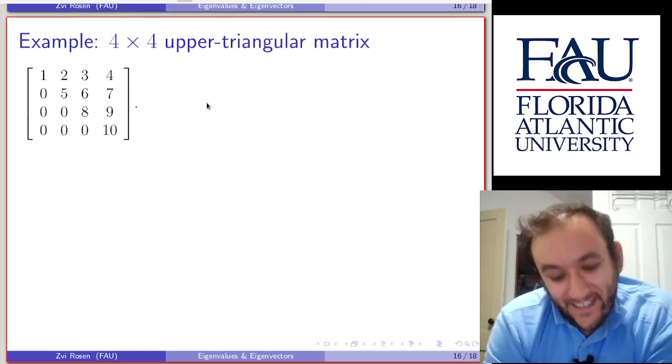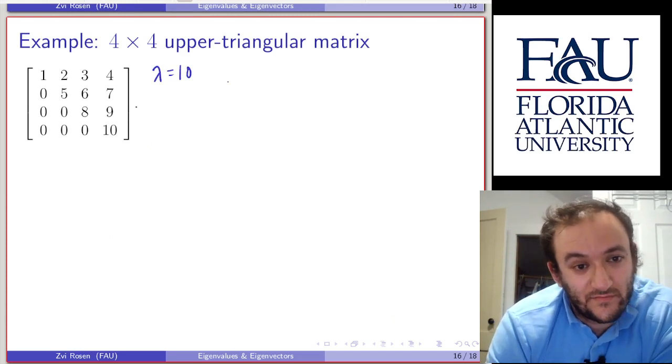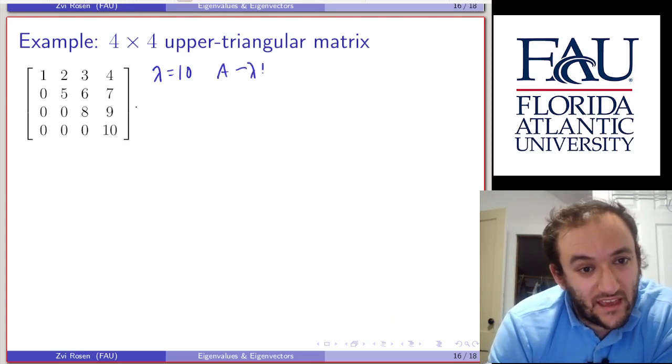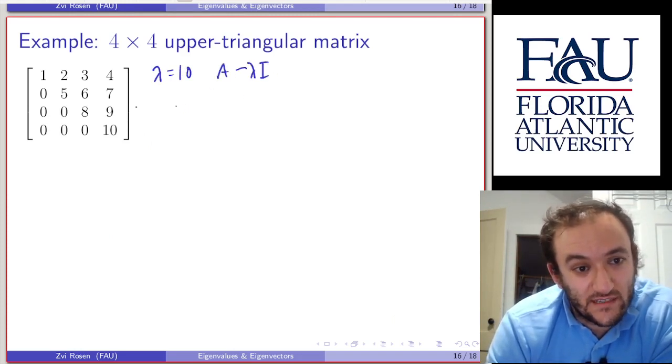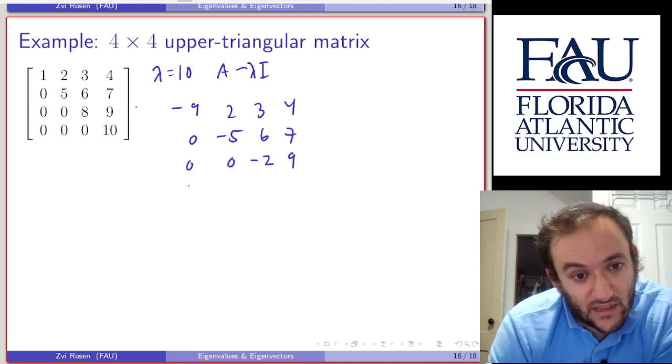And finally, if we take lambda equals 10, we have A minus lambda I, which is minus 9, 2, 3, 4, 0, minus 5, 6, 7, 0, 0, minus 2, 9, 0, 0, 0, 0.